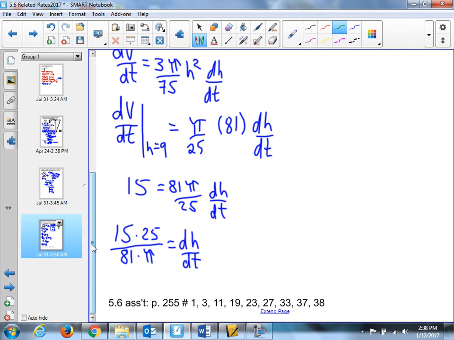So I'm going to multiply 15 by 25, because that's 3 times, this is 9. It's going to be 5 when I reduce that part of the fraction, right? And then you can multiply 5 times 25 quite easily. 125 over 9 pi, or 9.